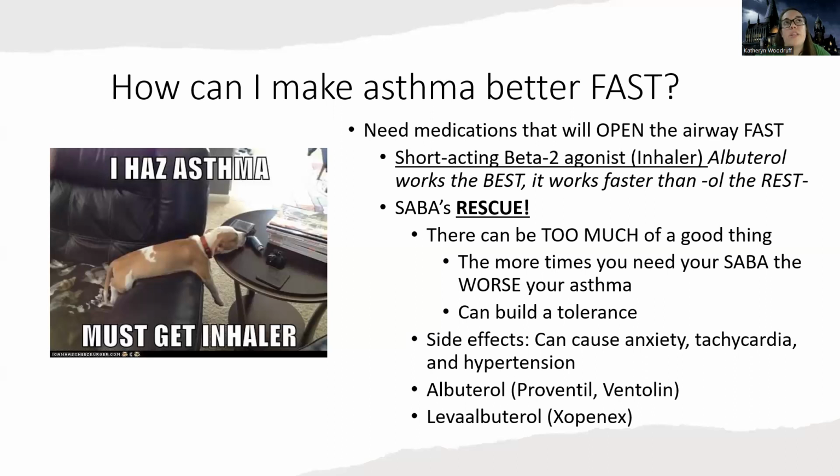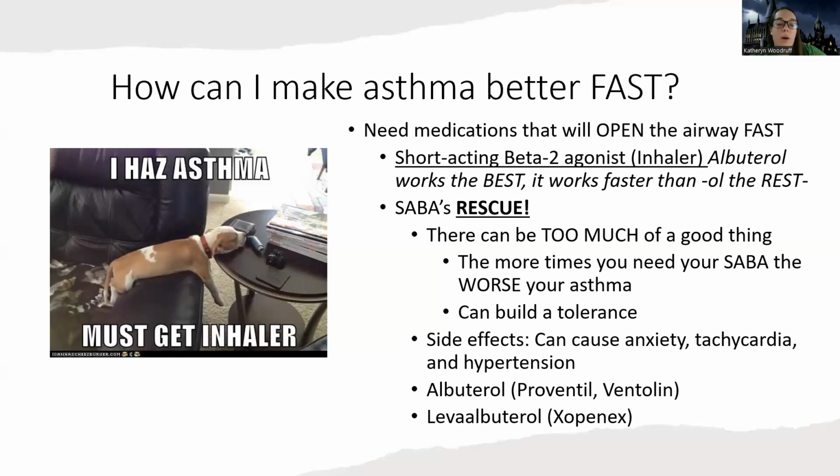So if a patient comes in and says, hey, I've had to use my inhaler a lot more lately, that's not, oh, great job. That's telling you that something's not working. It's the same thing as when we talk about insulin: there are rapid insulins, and then there are more long-acting insulins. Okay, well, it's great that you're taking your medication, but we don't want you to have to use more of it. We're going to try to keep you more stable over time. Anyway, it'll make more sense when I talk about the long-acting stuff in a minute.